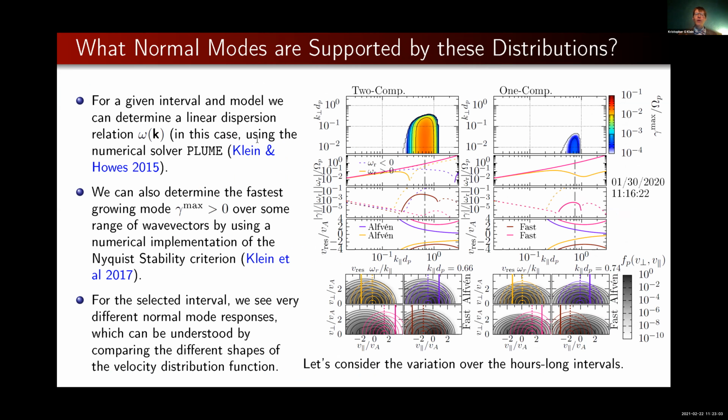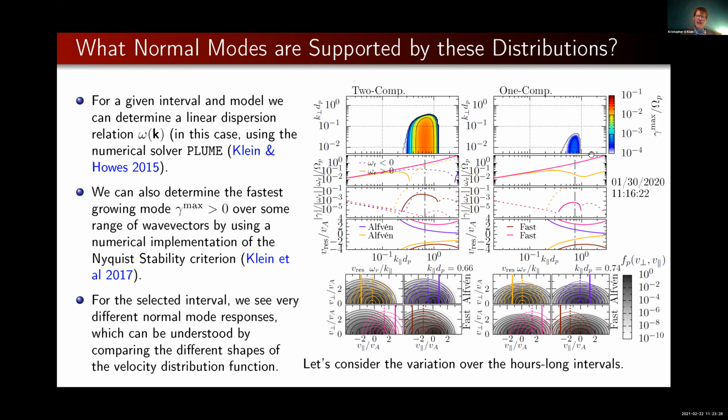The region of wave vector space in this top plot that is unstable is relatively wide, and the growth rate is relatively strong. We're talking 1/100th of an inverse cyclotron time. When we model it as a single component, it is still unstable, but the growth rate is nearly 2 orders of magnitude suppressed compared to the two-component model.